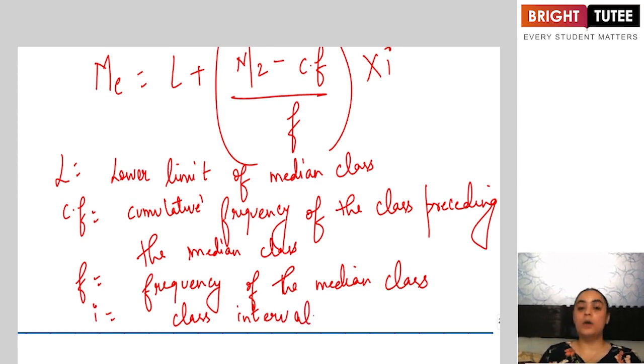So this is how we calculate the median in individual, discrete, and continuous series.